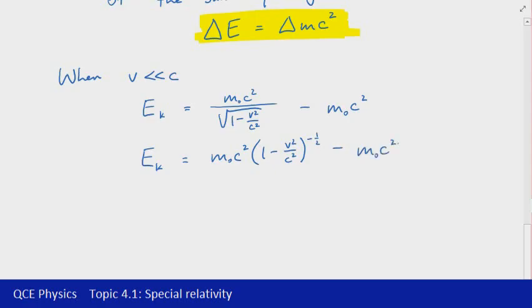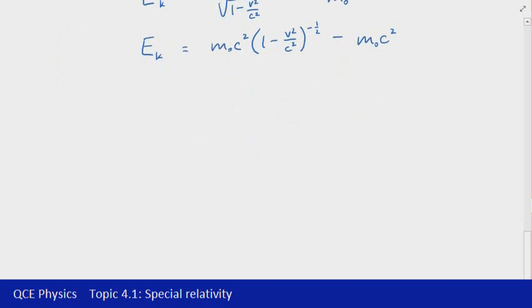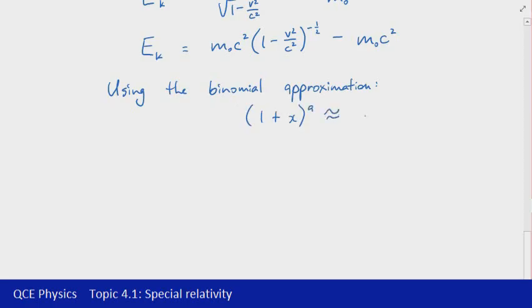Now we can use the binomial approximation here. Again, some maths here that you might not have covered before, so you might have to take some of this as a given, or if you're interested you can go and have a look at where this idea comes from. The binomial approximation can be summarized as saying that if you have an expression 1 plus x to the power of a, that's approximately equal to 1 plus ax.